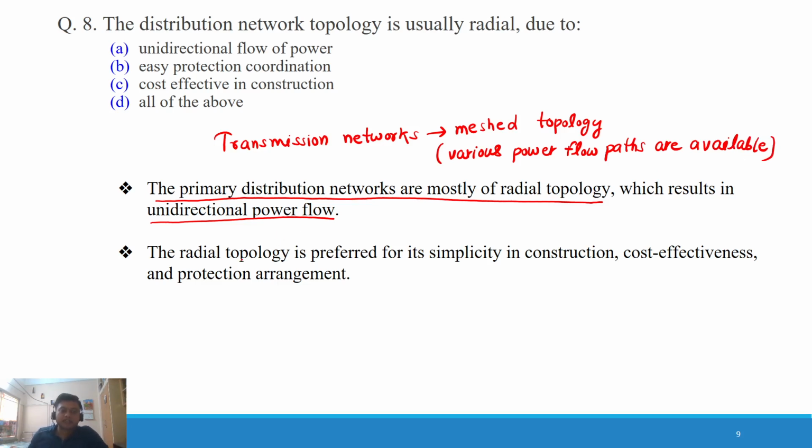Due to that, the radial topology is preferred for its simplicity in construction, cost effectiveness, and protection management. Unidirectional power flow leads to simple construction, cost effectiveness, and protection management. So all of them are correct.